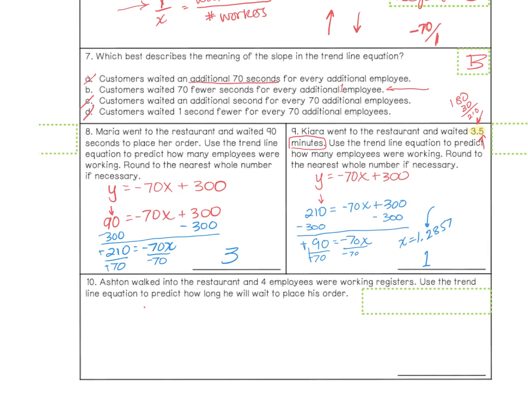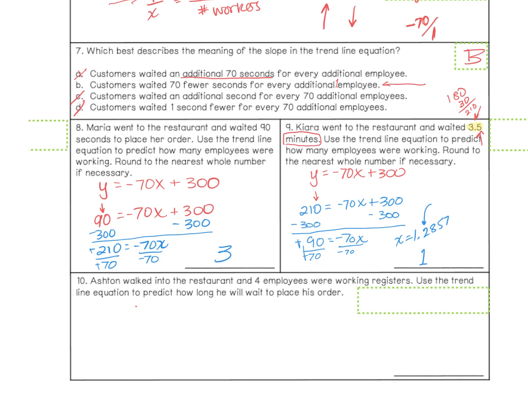Last, Ashton walked into the restaurant and 4 employees were working registers. Use the trend line equation to predict how long he will wait to place his order. So again, let's go back to our handy dandy trend line equation. This time, they're giving us the number of employees. We're trying to figure out the time.